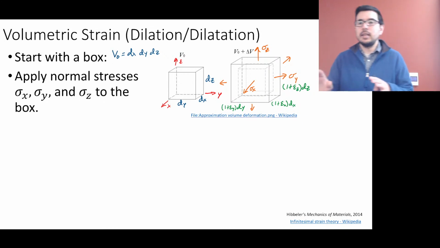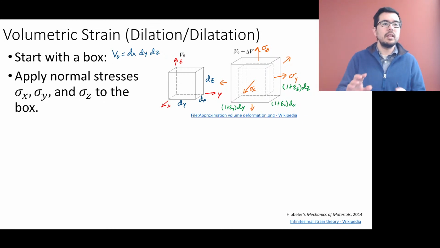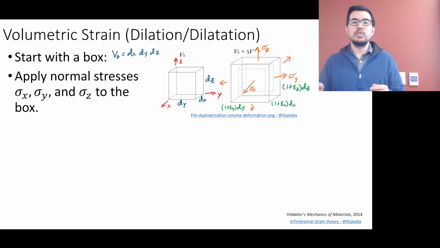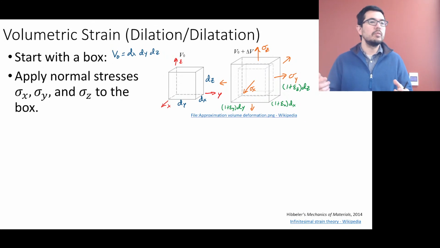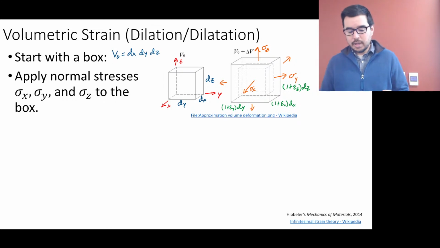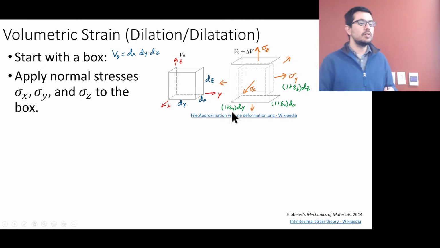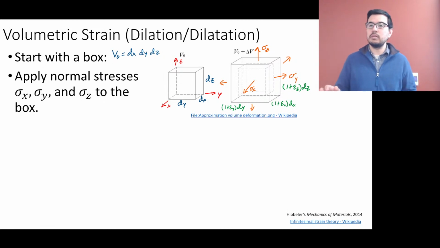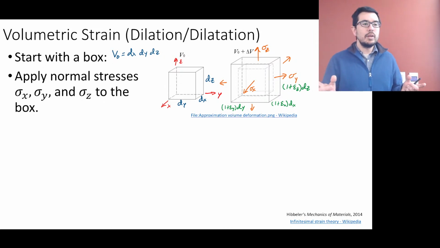Without even using a constitutive relationship, just thinking back to the definition of normal or axial strain, we can realize that if we have the strain, which is usually a small fractional number, and we add it to 1, that's like saying you got a 5% raise and I want to figure out the new salary.